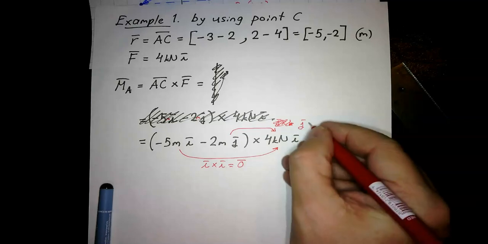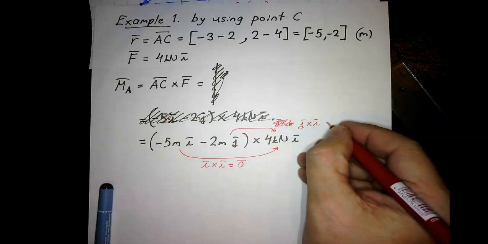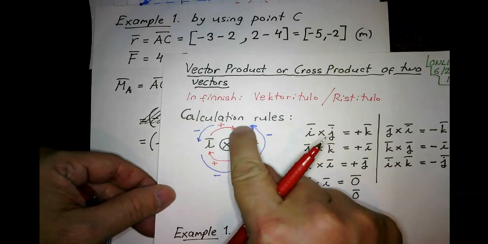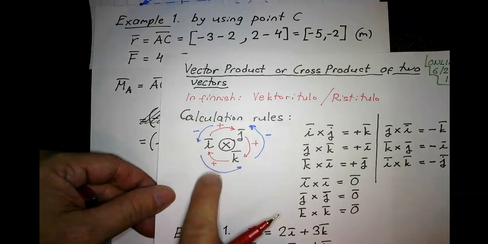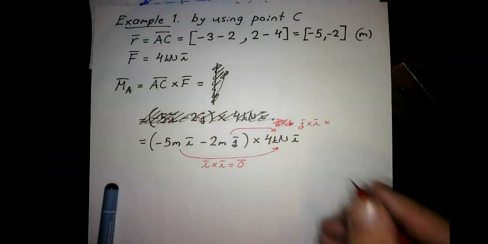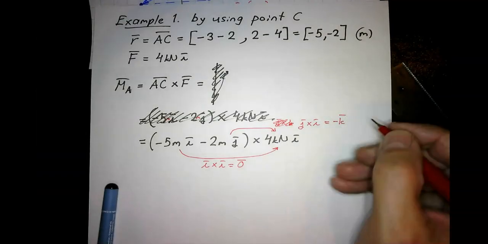Let's check that again: j cross i will give us negative k.